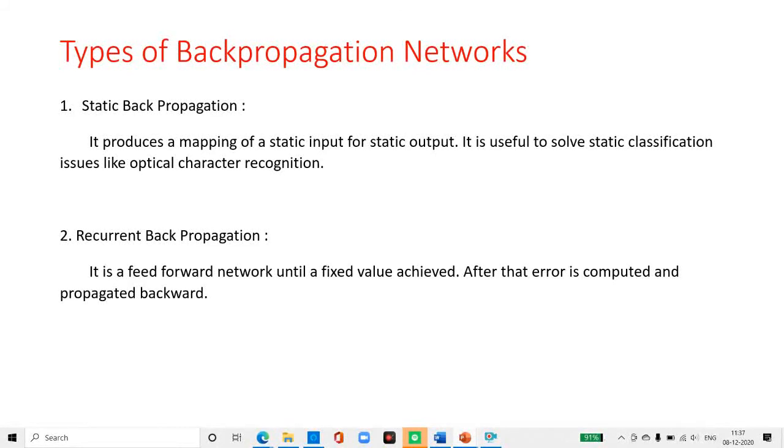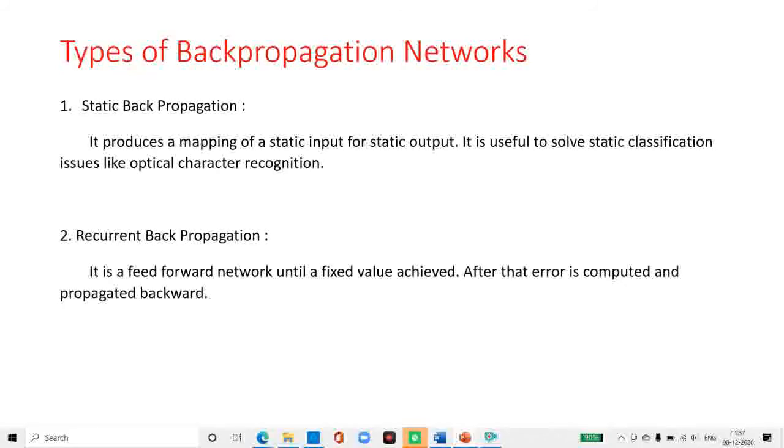The next point is recurrent backpropagation. It is feed forward until a fixed value is achieved. After that, the error is computed and propagated backward. So recurrent backpropagation is a non-static backpropagation, in which we use the feed forward network until a fixed value is achieved, and then the error is computed and propagated backward.